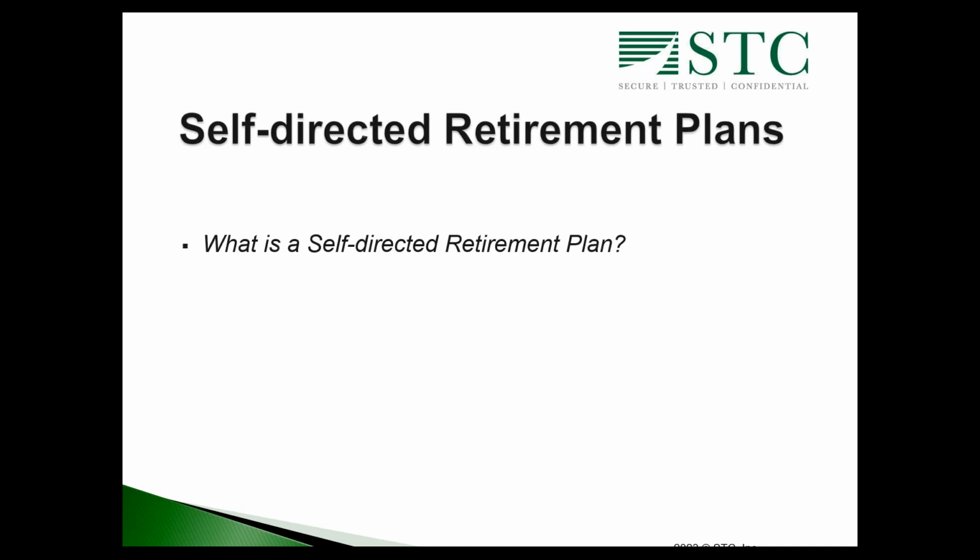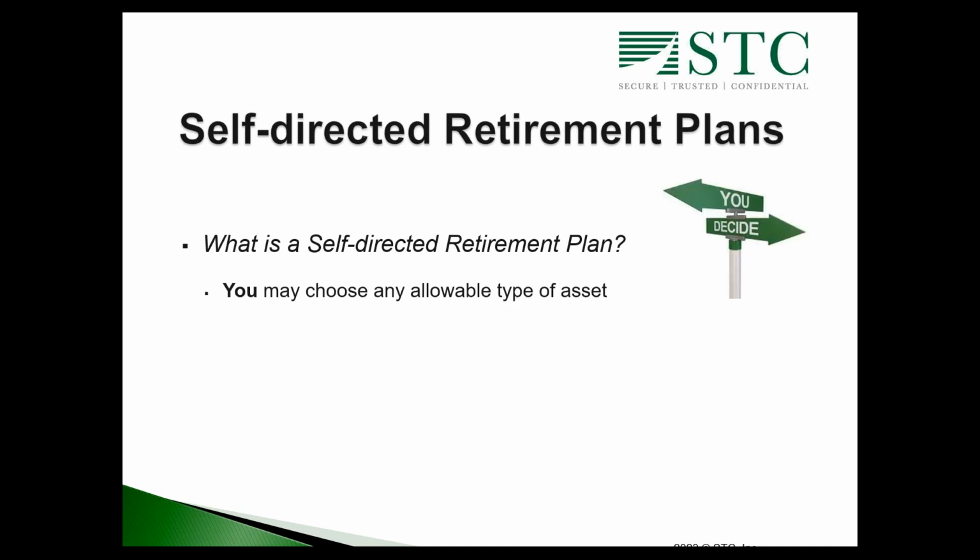So first, just to quickly summarize, what is a self-directed retirement account? When you have a truly self-directed account, it means that you're working with a company that permits you to choose any type of asset that is allowed by law.